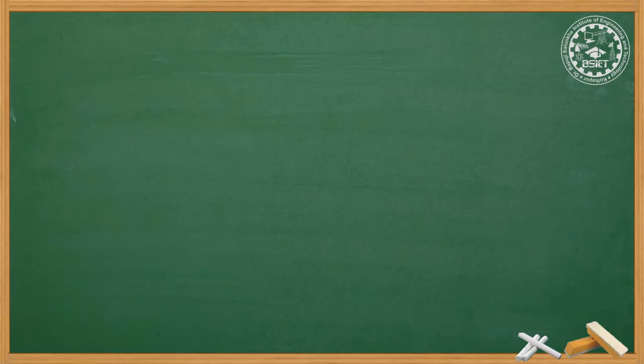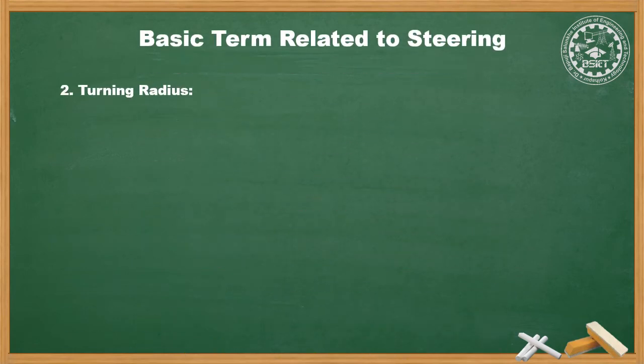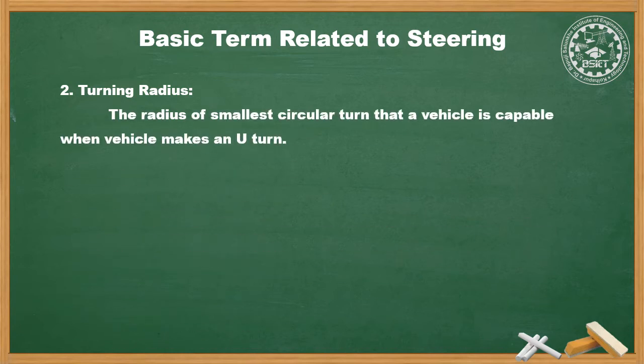The next basic term related to steering is turning radius. The turning radius or turning circle of a vehicle is the radius of the smallest circular turn that a vehicle is capable of, or when a vehicle takes a U-turn, the radius is called turning radius. It depends upon the maximum angle the front wheel can turn and the wheel base.